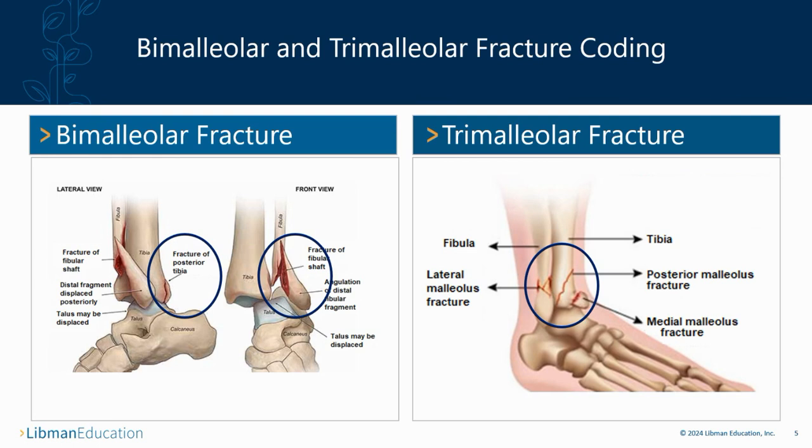On the right drawing, it appears that there is no ankle subluxation or dislocation that requires repositioning. Documentation will likely say that the ankle joint or syndesmosis is stable or undisrupted, and no code is necessary for the ankle joint.